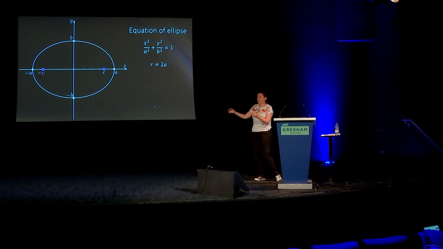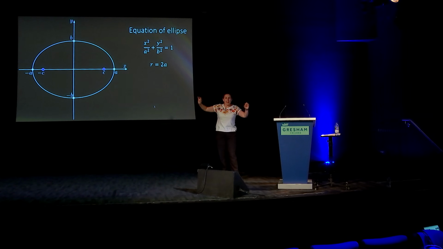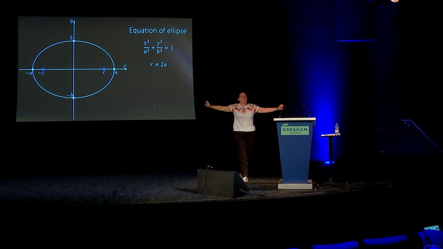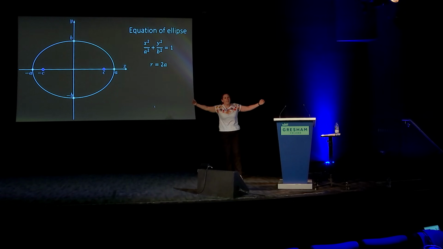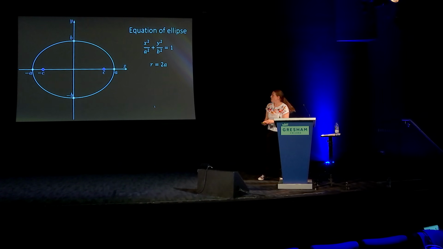The definition is how near the foci are to the edge of the ellipse. To be exact, it's the distance between the foci as a proportion of the full width of the ellipse. So it's the distance between the foci divided by our r. Okay? And I will show you.